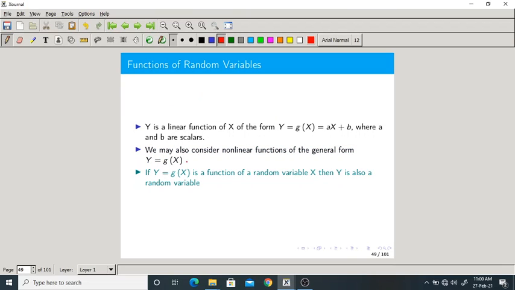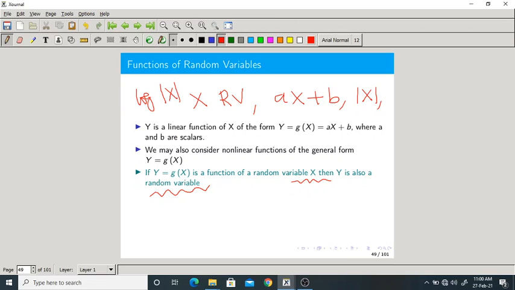Now please remember, if X is a random variable, then Y is also a random variable. aX plus b is also a random variable, mod X is also a random variable, log X is also a random variable.